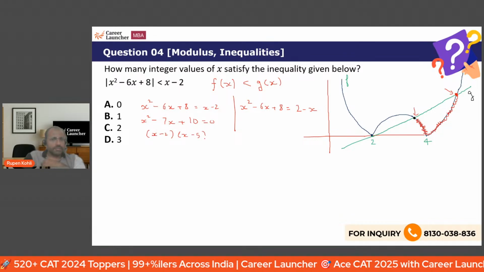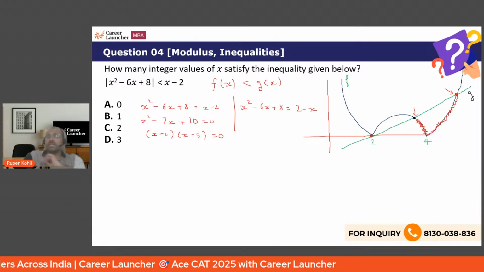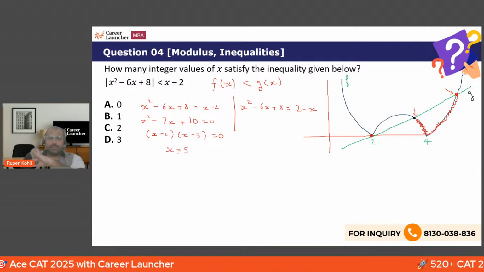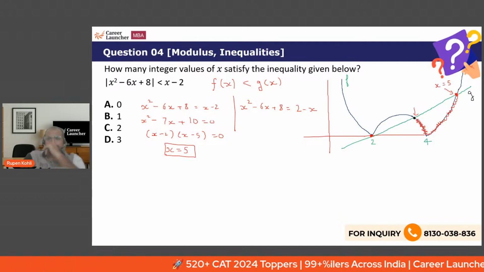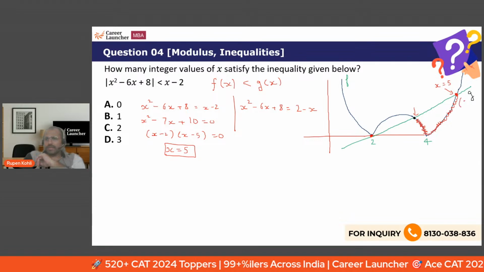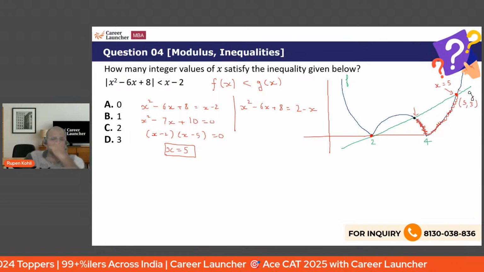Very simple factorization. 2 we know, yes, already that is one of the points of intersection, but that is not in the picture. So basically I'm getting that other point of intersection farther down the line over here, which is x equal to 5. So this point is basically 5 comma 3, because we are having this line y equals x minus 2.